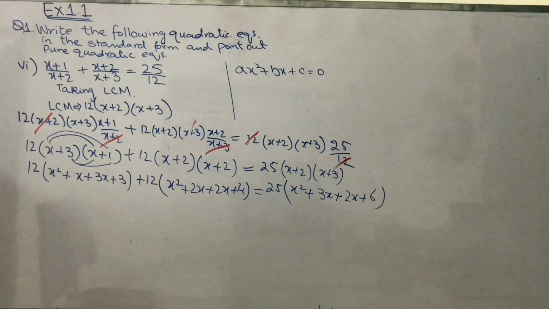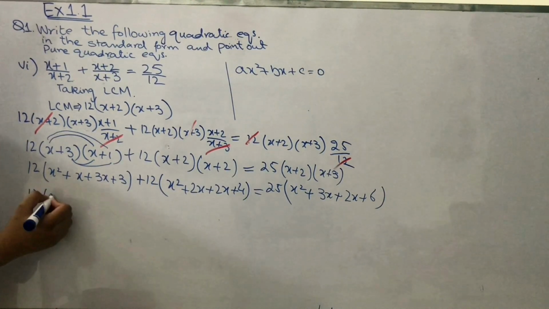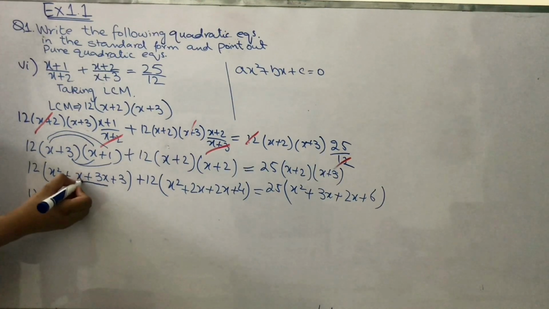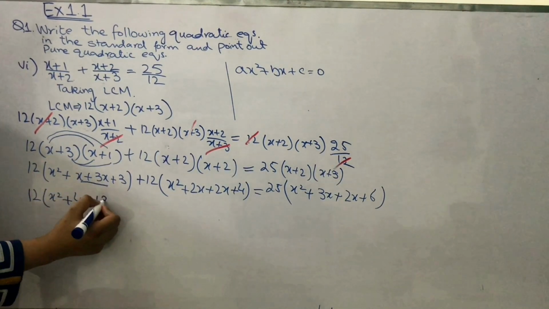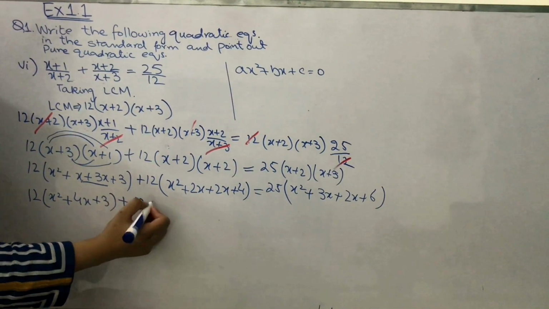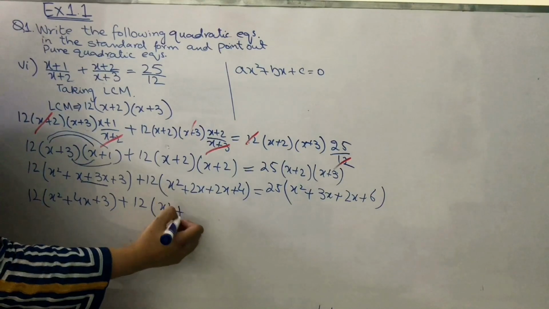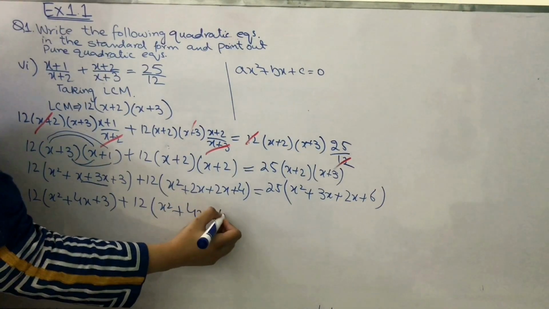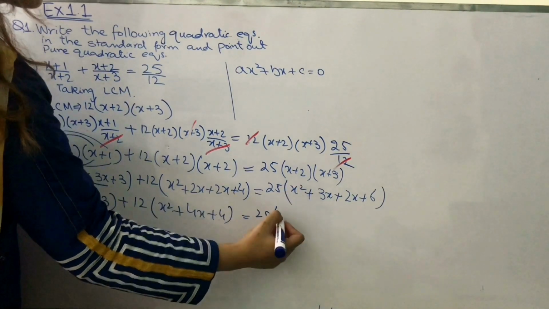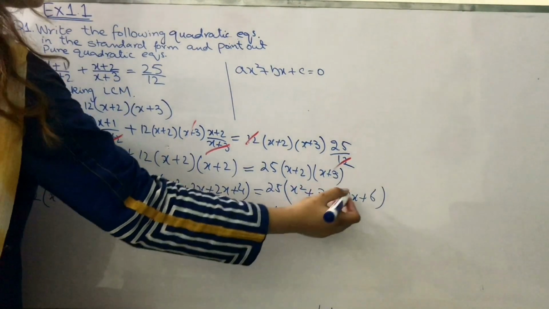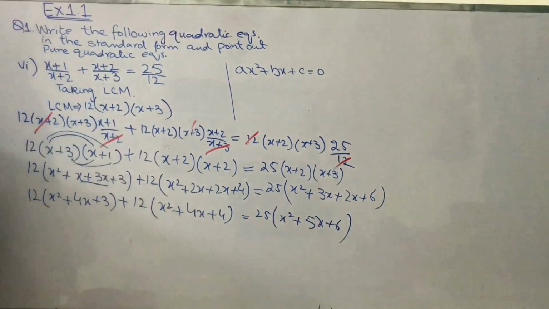Now we are going to simplify it. 12 x square plus x plus 3x is 4x, plus 3, plus 12 x square plus 2x plus 2x is 4x, plus 4, is equal to 25 x square plus 3x plus 2x is 5x plus 6.